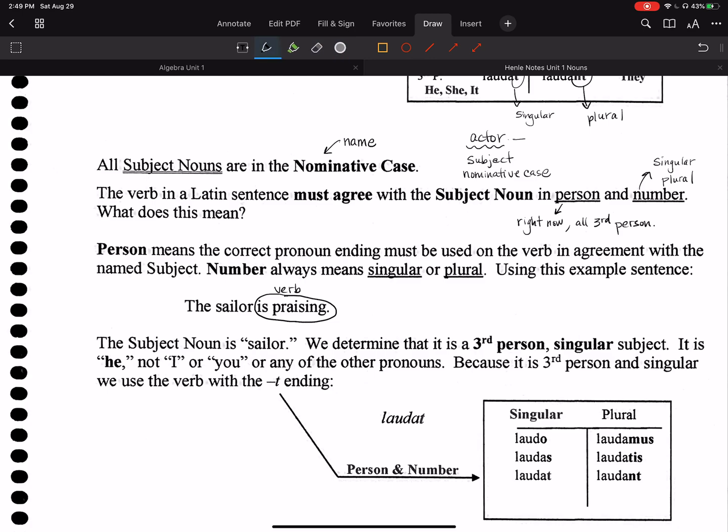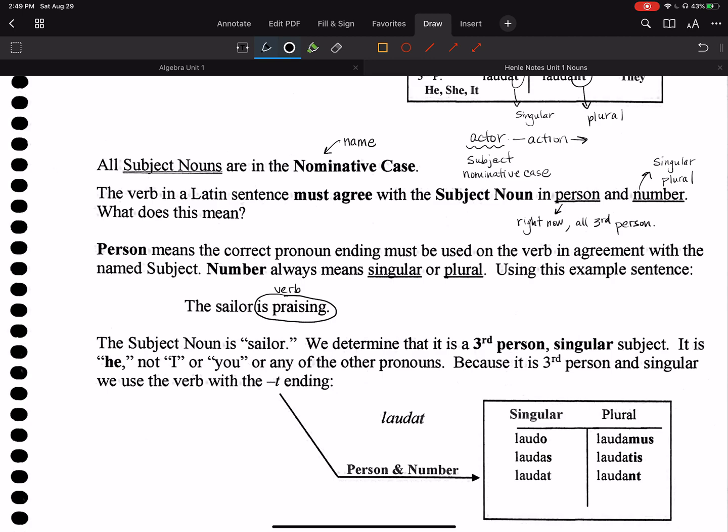So the actor performs an action. We'll learn what comes at the end of the arrow later. Our subject is going to perform the action of a verb. The subject noun, the person performing the verb here, is sailor.